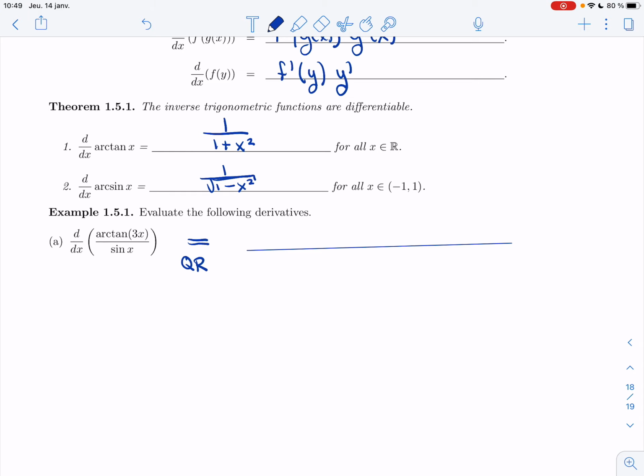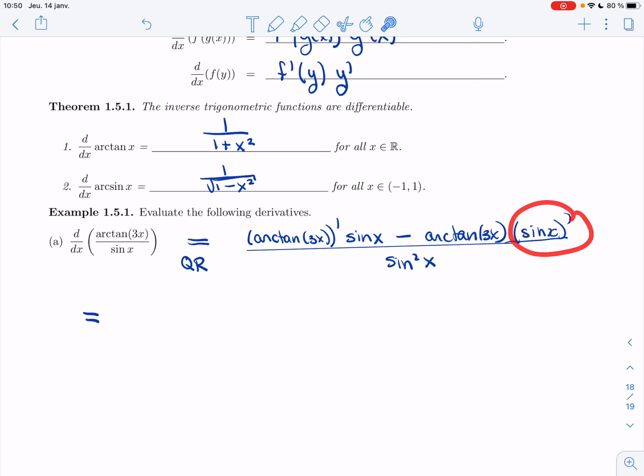In the quotient rule, I take the derivative of the numerator and then multiply it by the denominator, and then I subtract the numerator times the derivative of the denominator. And if you remember, I had to square the denominator. All right, so this is what I have.